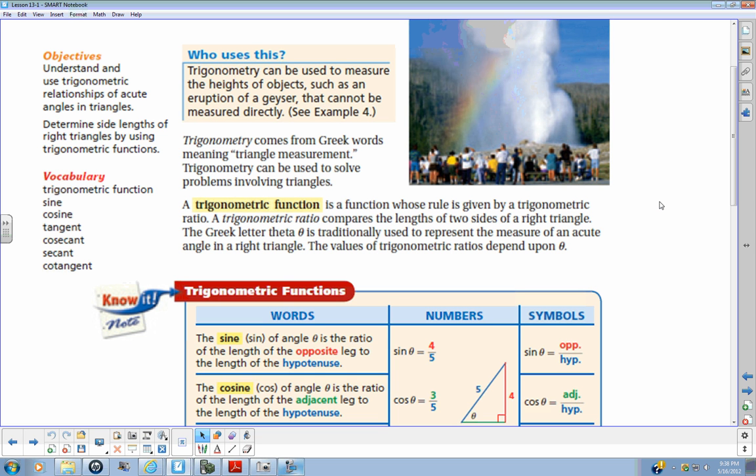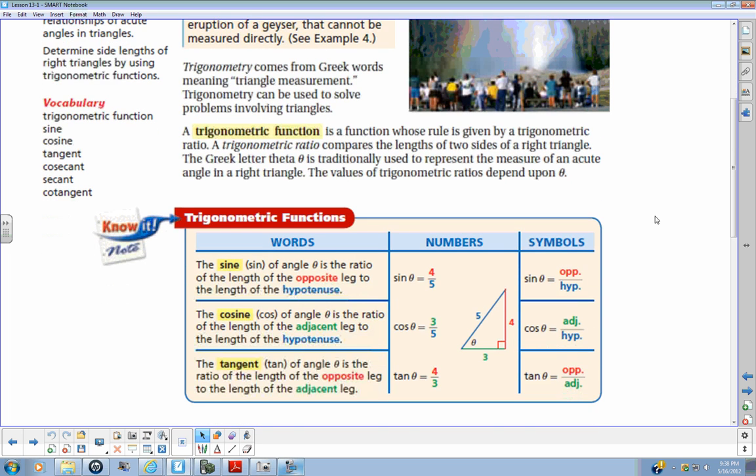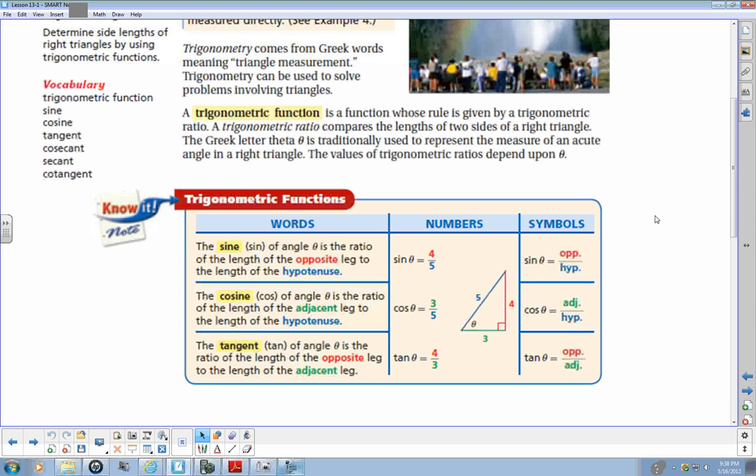They use the Greek letter theta, traditionally used to represent the measure of an acute angle in a right triangle. The values of the trigonometric ratios depend upon theta. So here we have the trigonometric functions. The sine function, abbreviated sin, is defined as the ratio of the length of the opposite side over the hypotenuse of the triangle.